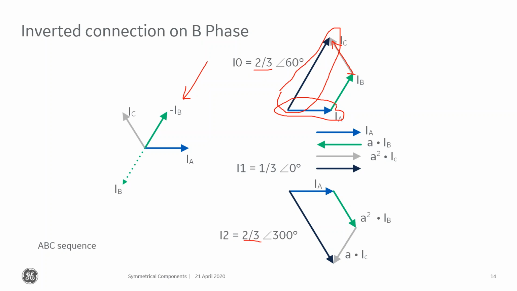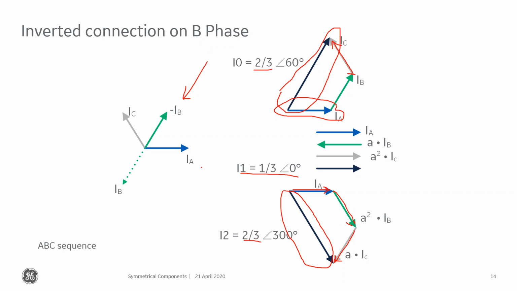And let's look at negative sequence, right? So if I take my A here and I shift my B by 240 degrees, that moves him down to here. And then I take C and shift it by 120 degrees, which puts him here. That gives me this negative sequence quantity.